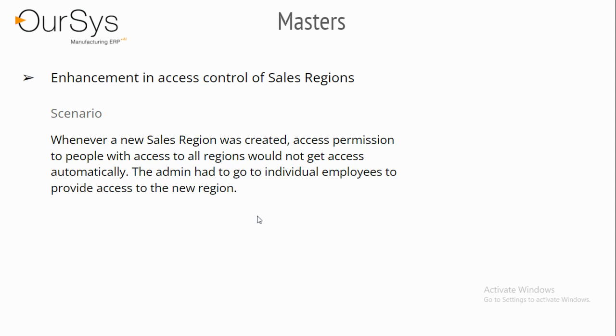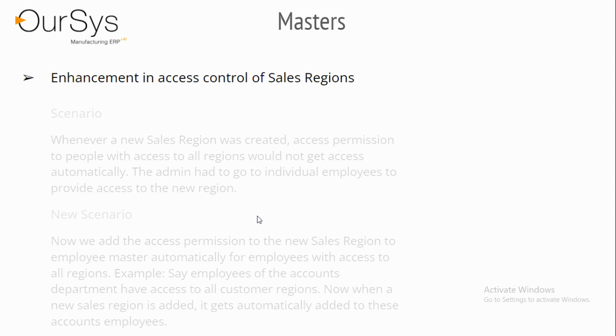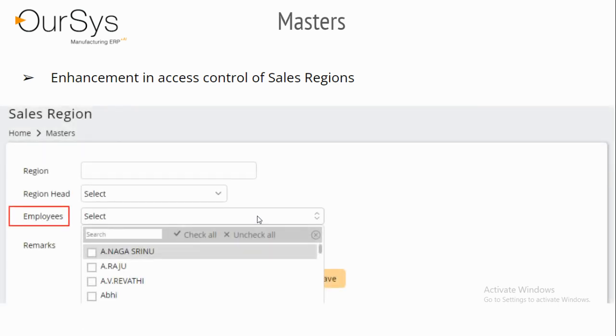It was time consuming for me. Now in the sales region master, we have given a drop down to tag employees. So you don't have to go to the employee master specifically. You can directly go to the sales region and tag the employees of that region.